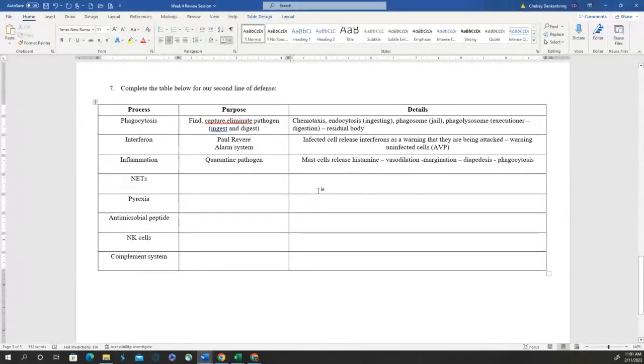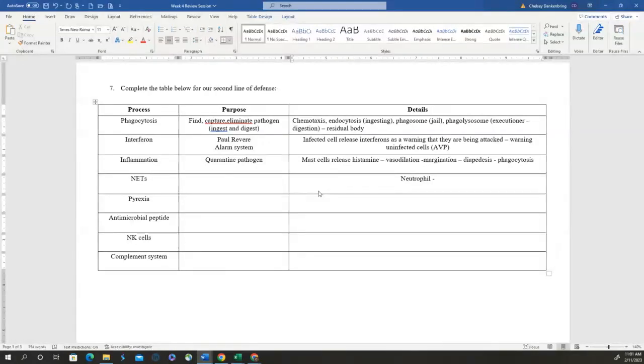All right, so next up are the NETs. The N stands for neutrophil. That's the type of cell, okay? But it's the process of forming a net and the process of eliminating pathogen. That's why it's called process in that first column.